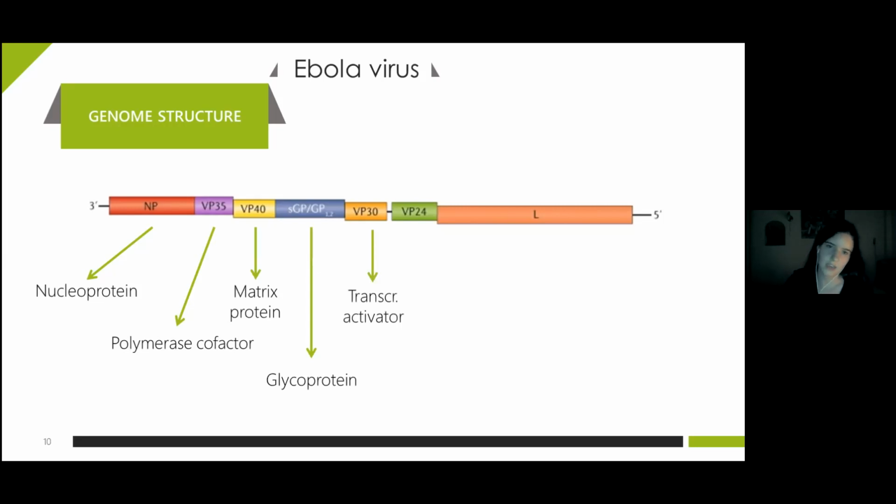We have the factor that influences the activation of transcription. We have the nucleocapsid associated protein, and we have, of course, the catalytic subunit of the polymerase complex, which mediates the replication of the viral genome.